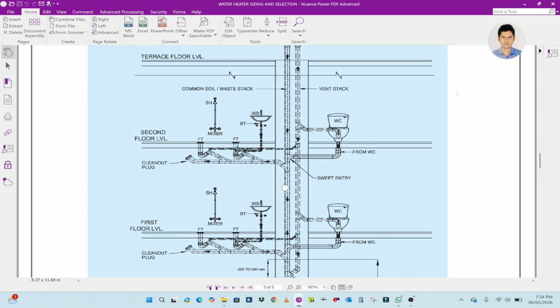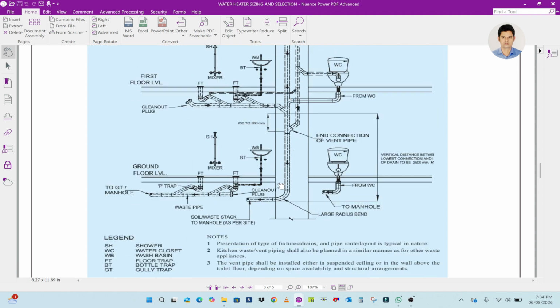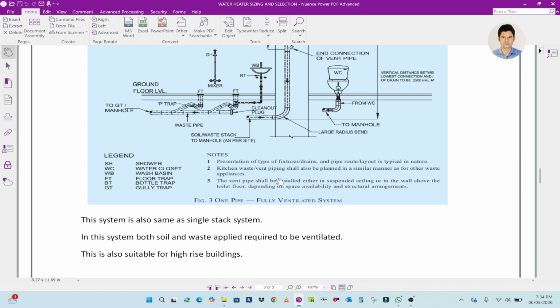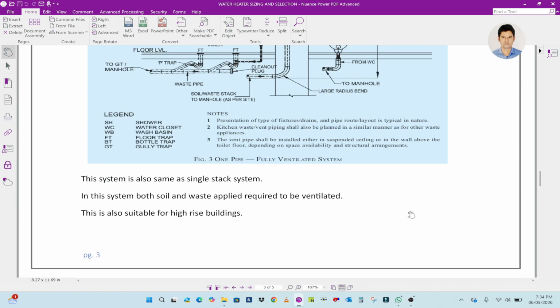These are connected through this vent stack. That's why this is called fully ventilated system. This system is also the same as single stack system. In this system, both soil and waste appliances are connected to be ventilated, and this is also suitable for high-rise buildings. So in the next topic, we will see the two pipe system.